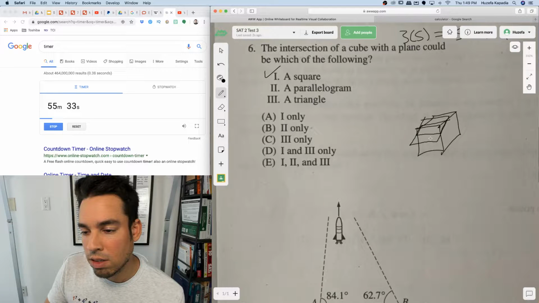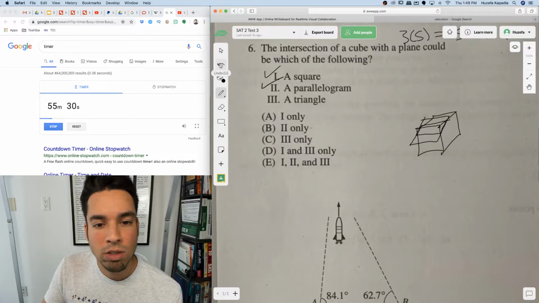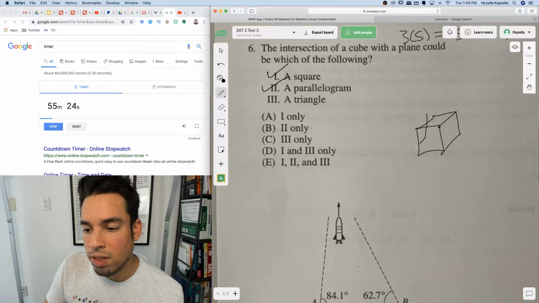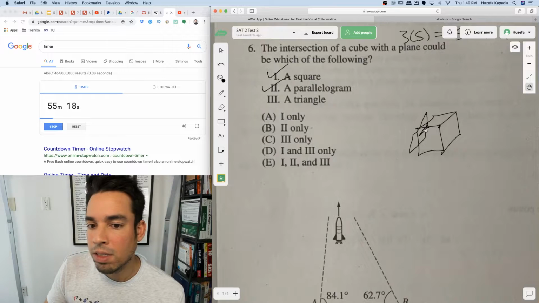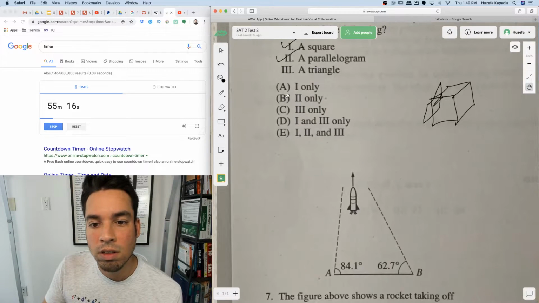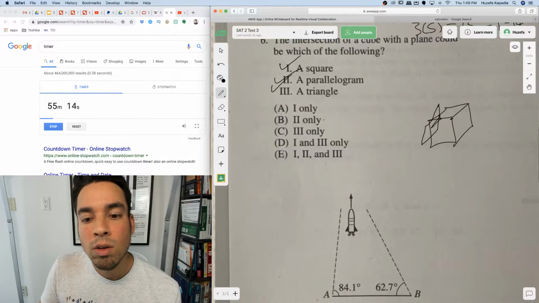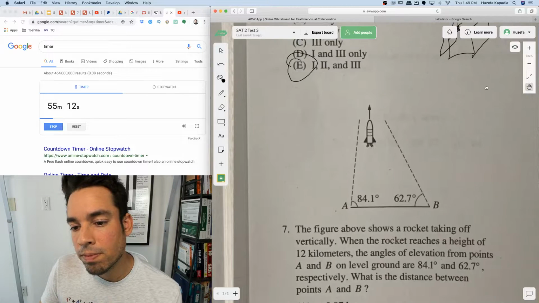So you could have a parallelogram, and you can have a triangle too. You can have a triangle if you have a plane that cuts like a corner, and then you'd get a triangle. If that makes sense. So I'm going to say 1, 2, and 3.